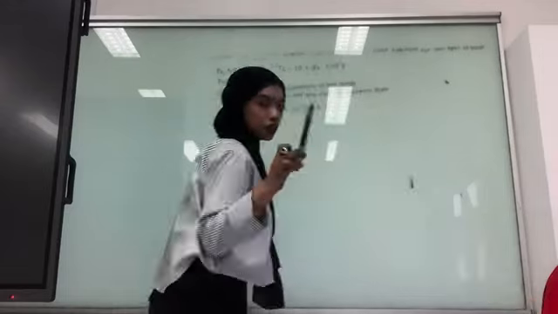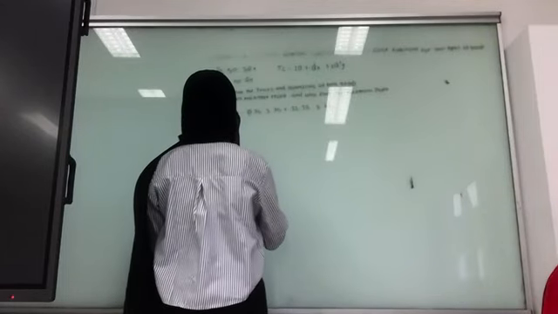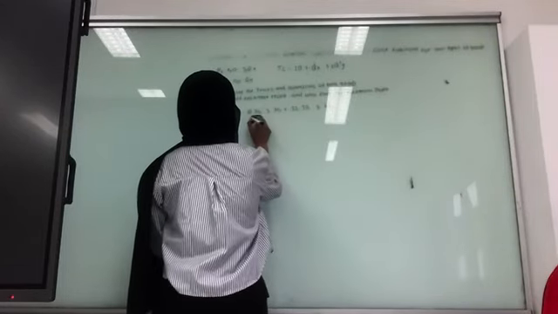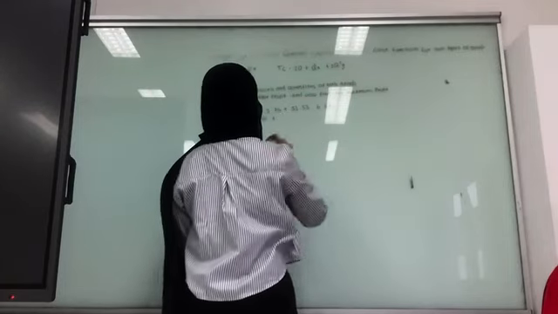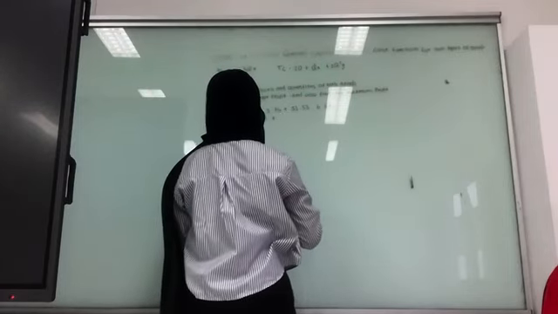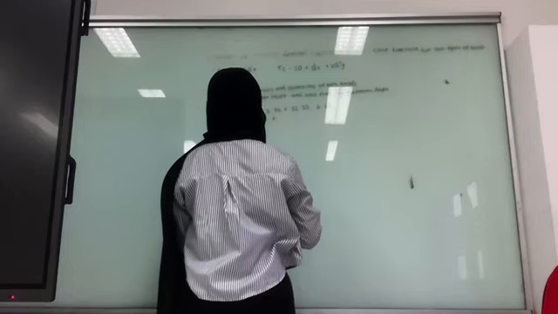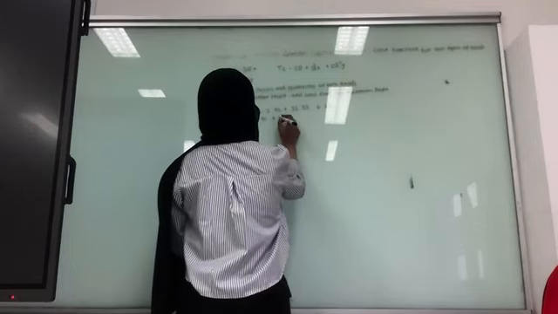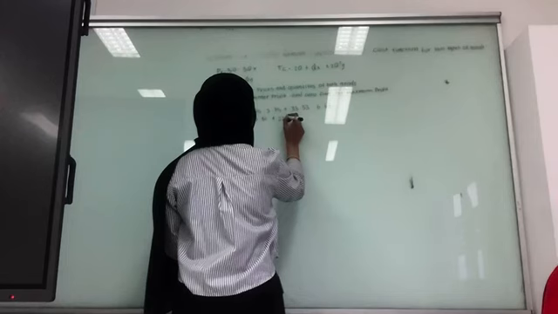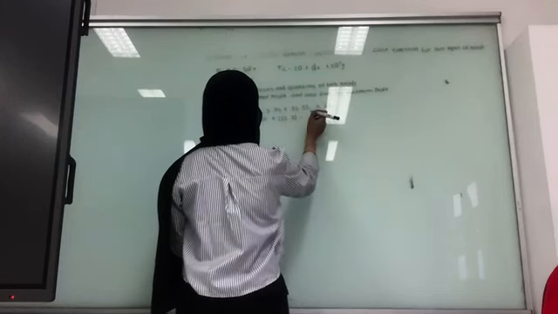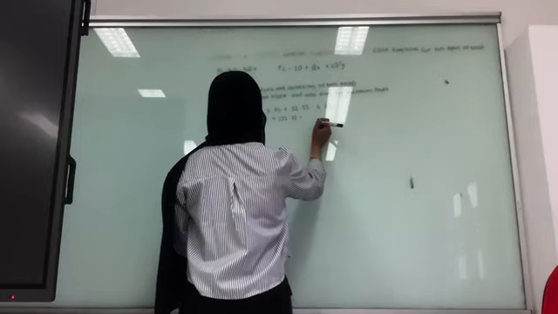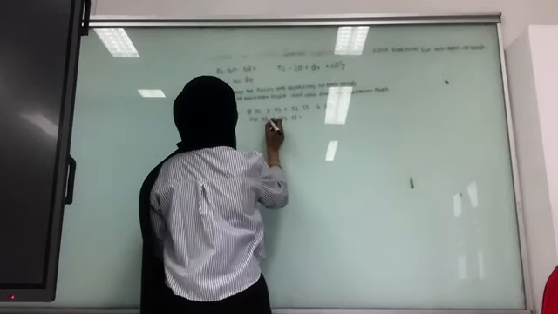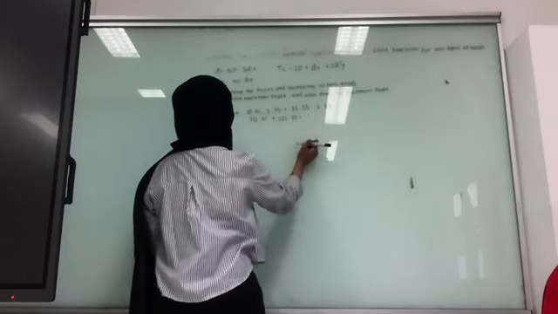Wait, I have to calculate. 70.31 plus 33.33 times 6.67 is 222.22. I forgot the quadratic.